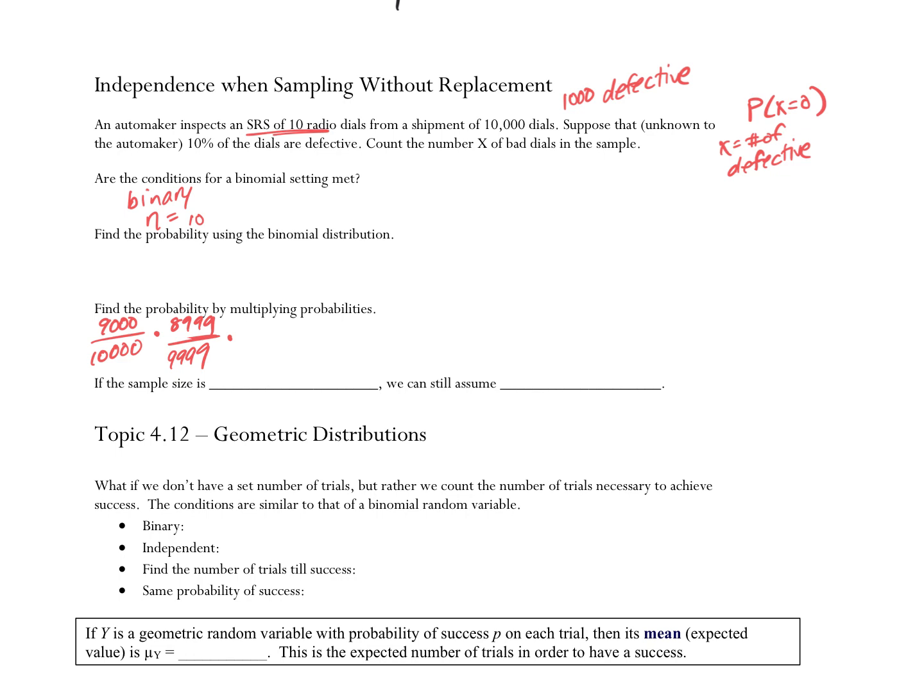What's the probability that the third dial I pick is not defective? It is 8,998 out of 9,998. Is this making sense or no? And then the next one.